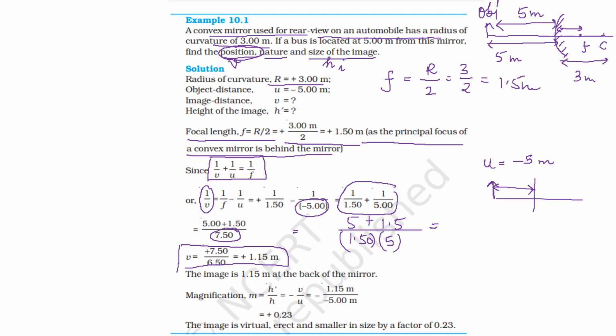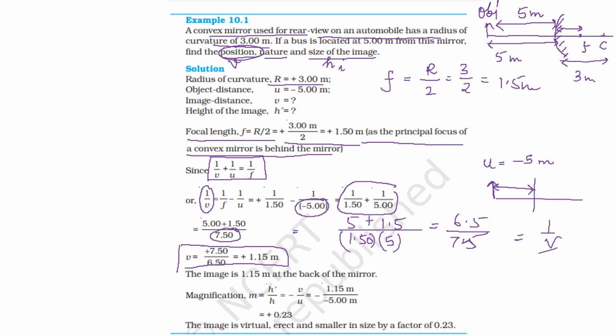That is how you are getting it as 6.5 by 7.5, which will be inverted because this was 1 by v. So v will be 7.5 by 6.5.